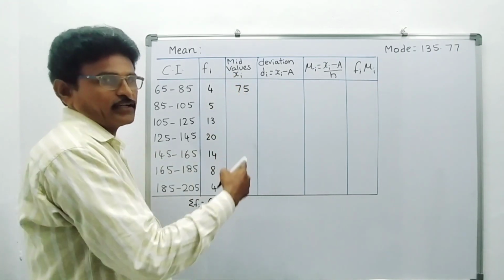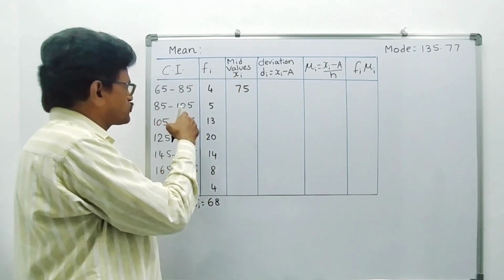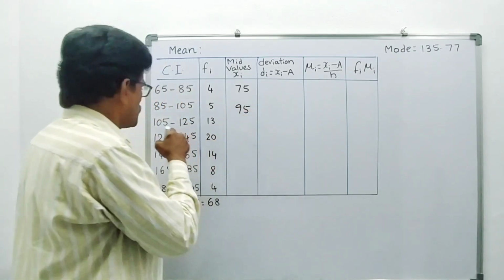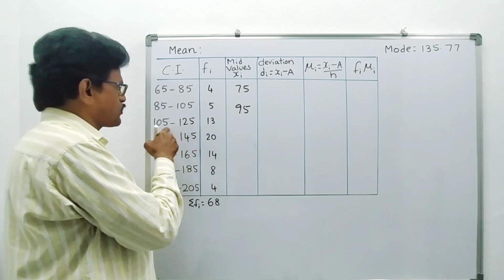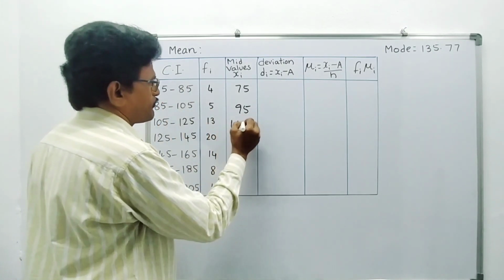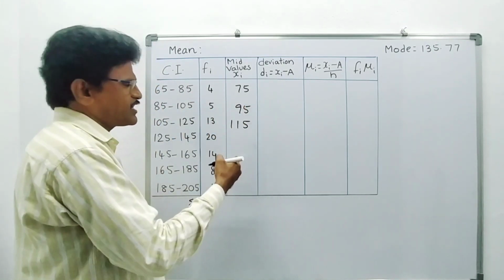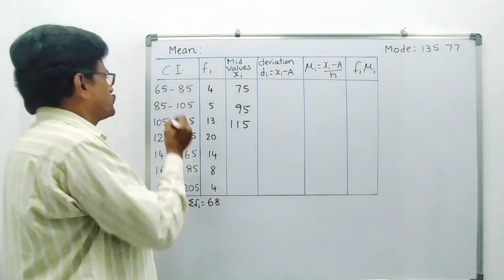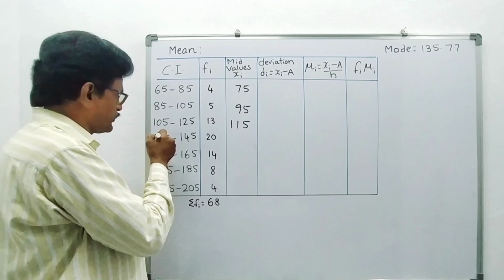Xi symbol. Right. Now mid value of 85 and 105 is 95. Mid value of 105 and 125 is what? 115. Students, easily also we can get these values. First you have to find 75. Later you see here class size is 20.